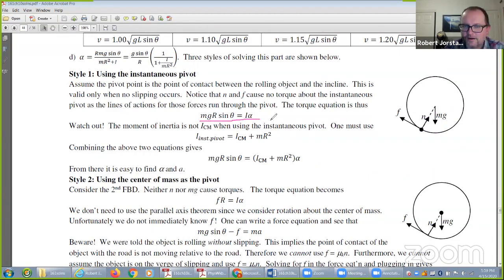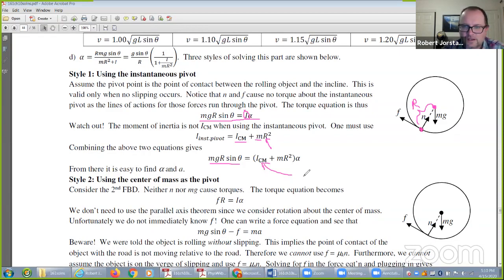And then from there, it's a piece of cake. This moment of inertia is not at the center. Take a look. The distance between these two axes is r. So my moment of inertia is the moment of inertia at the center plus mass times the distance squared. The distance in this case between the axes is r. So you know this is going to be whatever shape you've got.